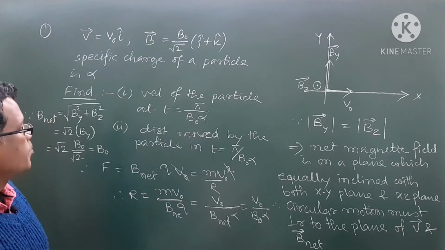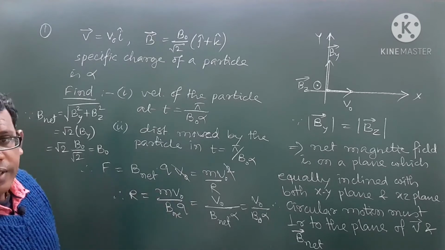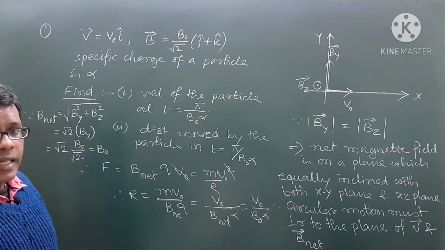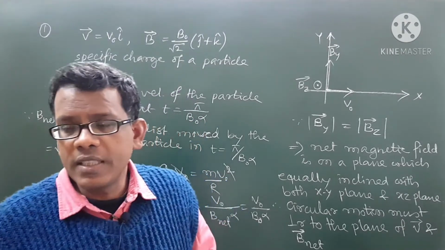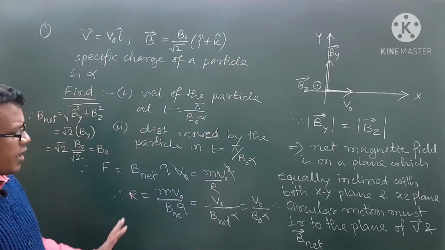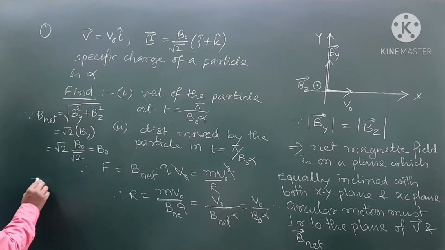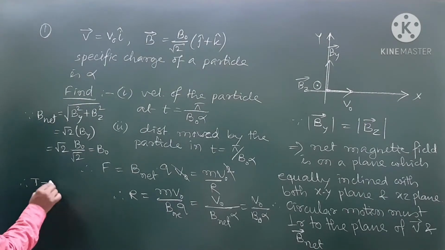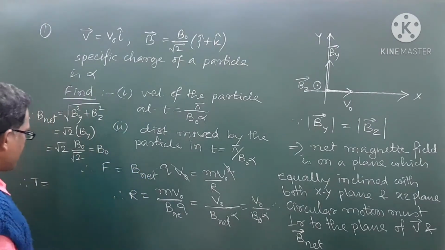Now the question arises, if this is the radius, then what will be the time period to complete one oscillation or one circular motion? We have got the radius. So if the radius is known to us, then we can write down the time period, in how much time it can complete one circular motion.